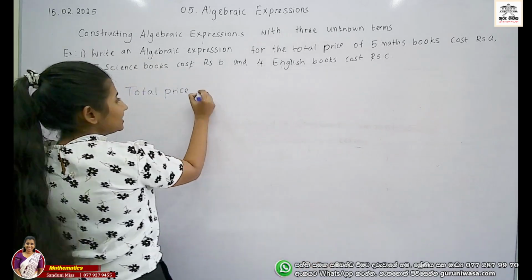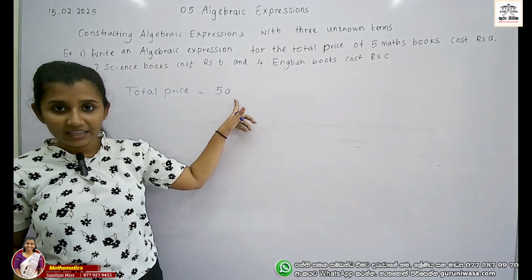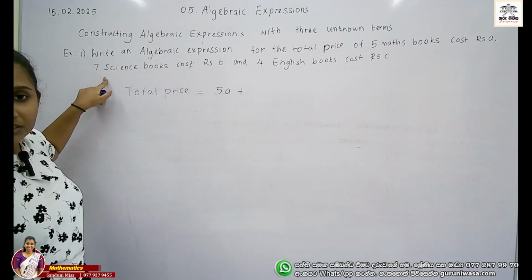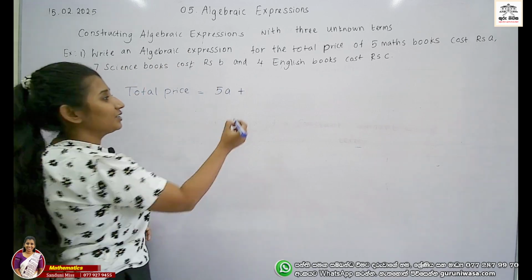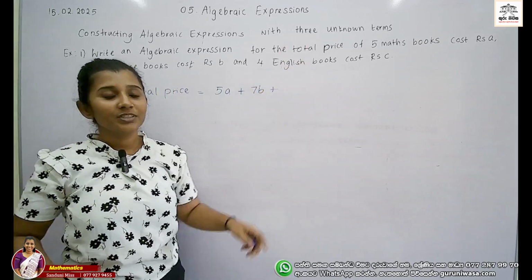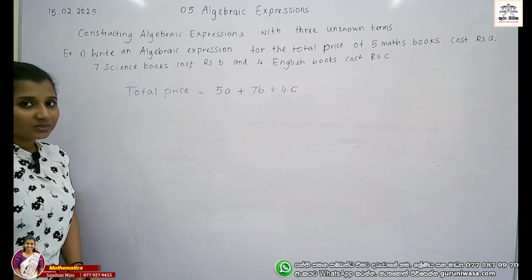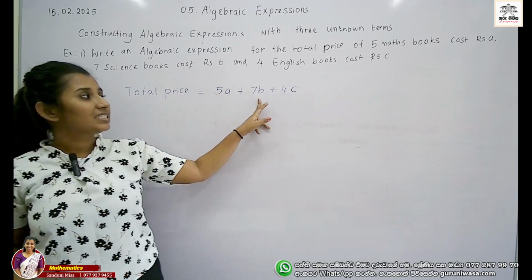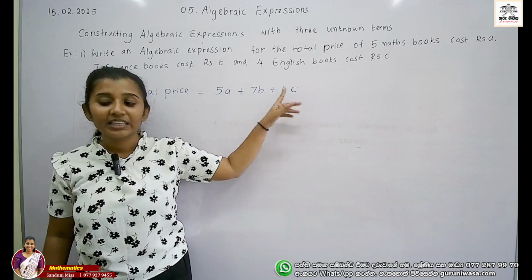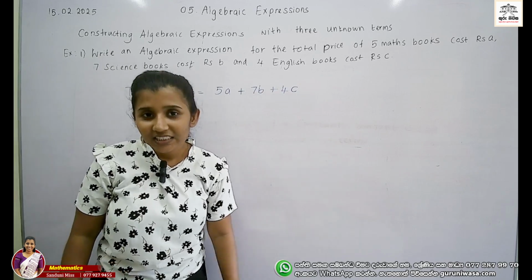The total price for maths books is 5A plus, right, how many science books? 7B, very good. Plus, then what? 4C. So here we wrote the algebraic expression for total price: 5A plus 7B plus 4C. 5 maths books, 7 science books, 4 English books. When the costs A, B, C are given, you can find the total cost.